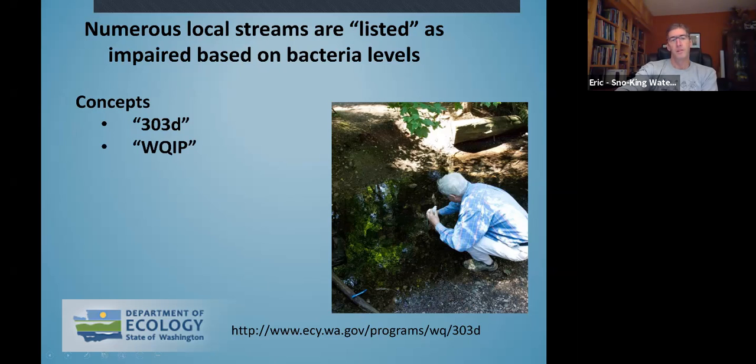Another concept is a thing called a water quality improvement plan. For instance, let's take the example of Swamp Creek, which has a 303D listing for fecal coliform bacteria.